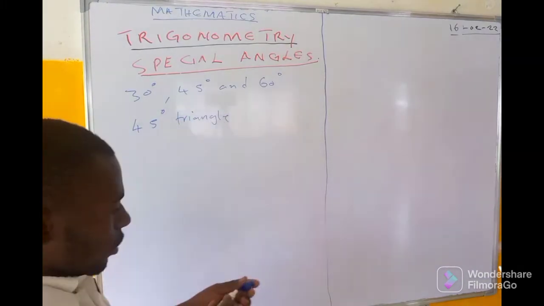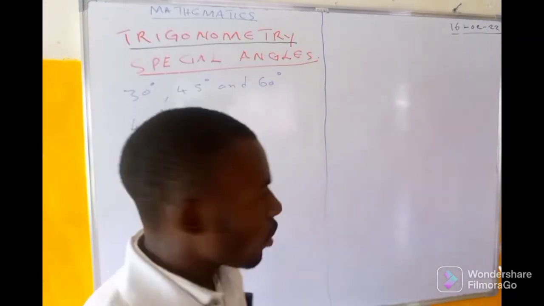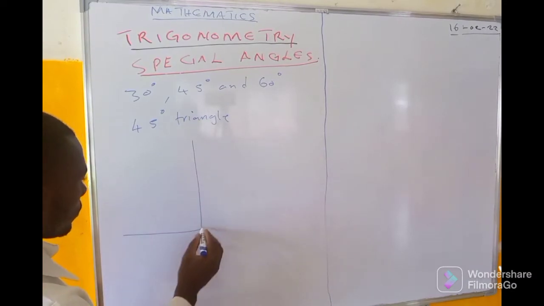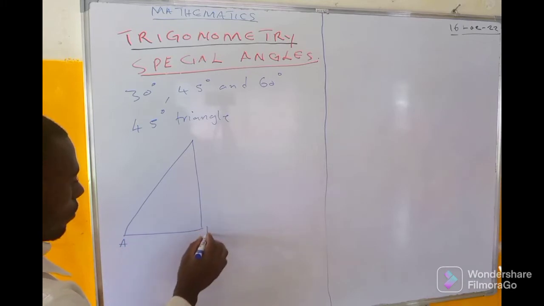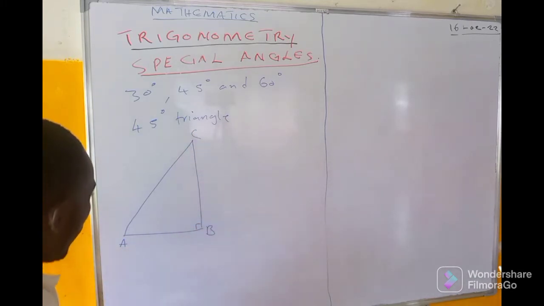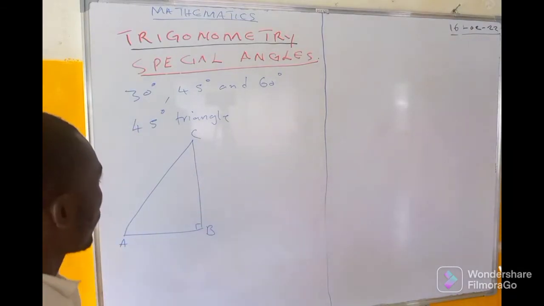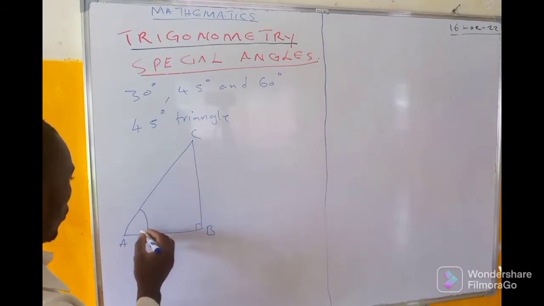Remember, here we are still looking at the right angled triangle. So consider the diagram below. Consider the diagram ABC with a 90 degrees angle there. We are looking at a 45 degrees angle, which means this angle should be what? 45 degrees.